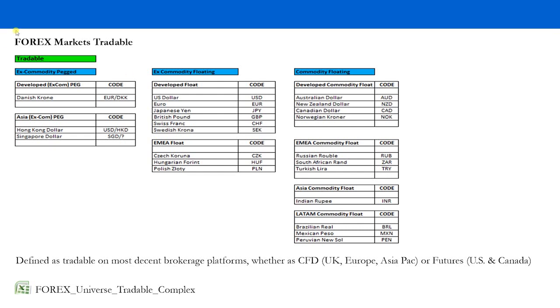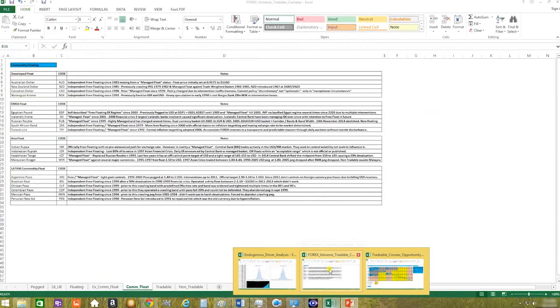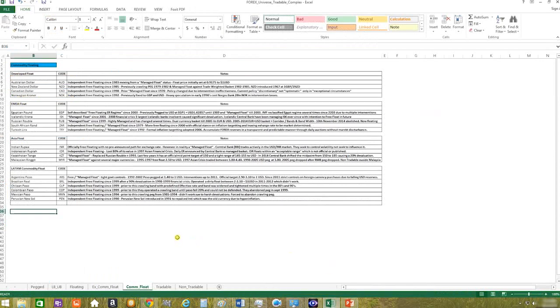So we have included some ex-commodity pegged currencies here because they are actually tradable on most decent retail brokerage trading platforms, whether that's as CFD, so contract for difference, in the United Kingdom, Europe, and Asia Pacific, or in the futures market in the US and Canada.